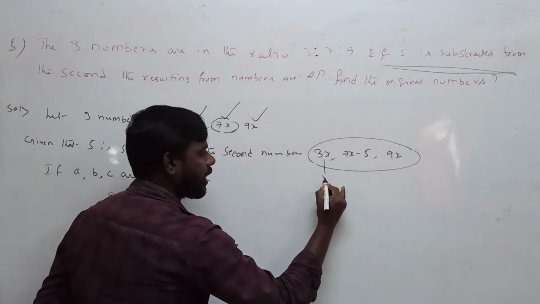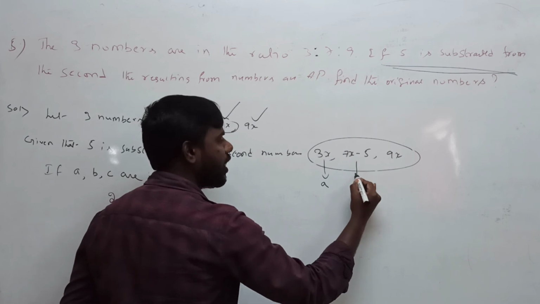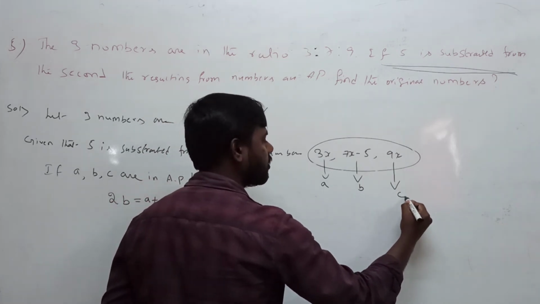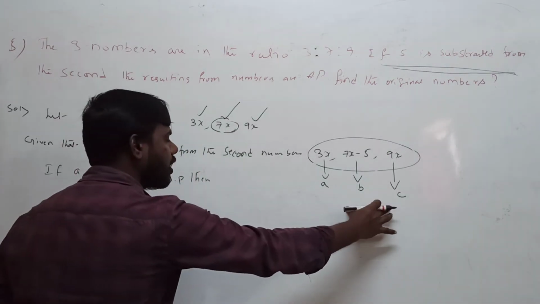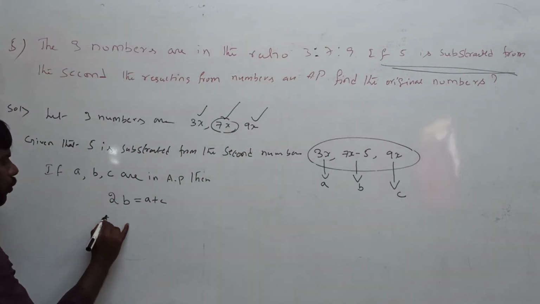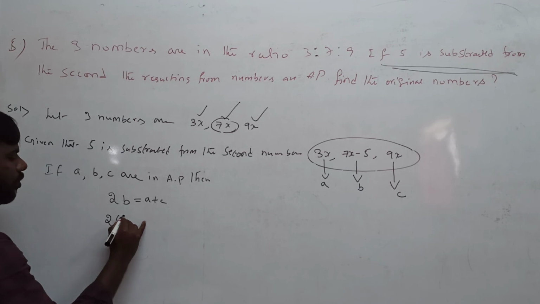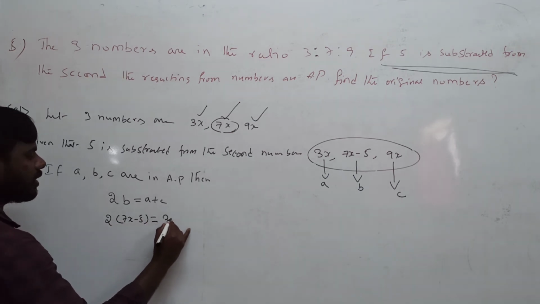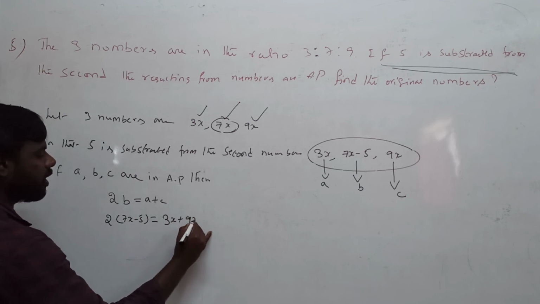This value we take as a, this value as b, this value as c. Now substitute the a, b, c values in the formula. 2 into what is the b value? 7x minus 5 is equal to the a value 3x plus the c value 9x.